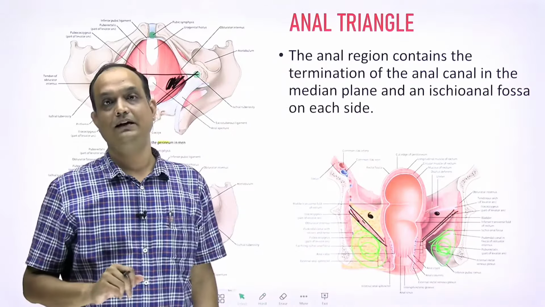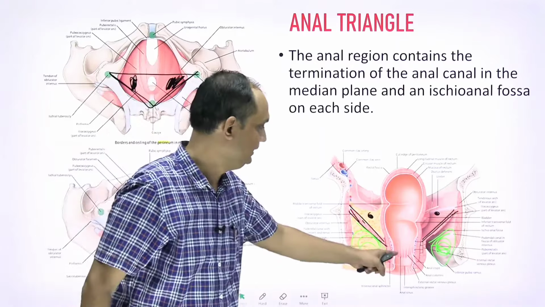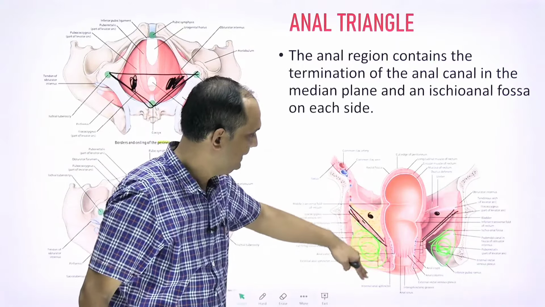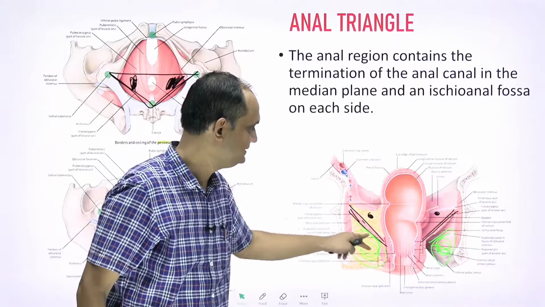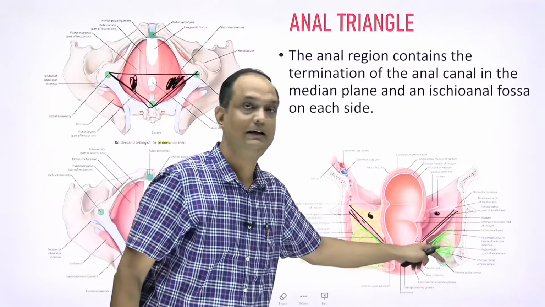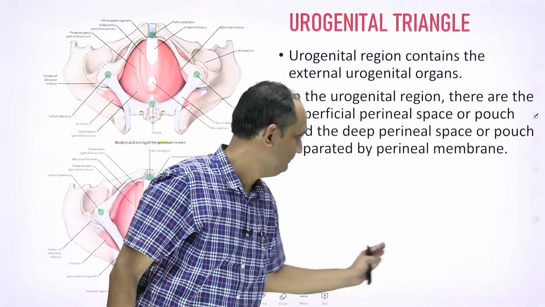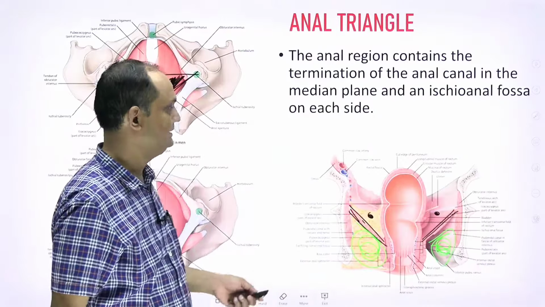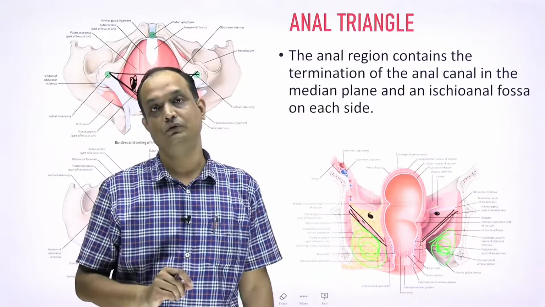Now in the anal triangle, you have the anal opening, and the gap below the pelvic diaphragm, on the inner side of the hip bones, is known as the ischioanal fossa.